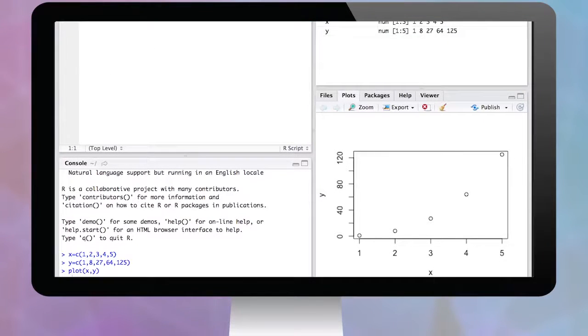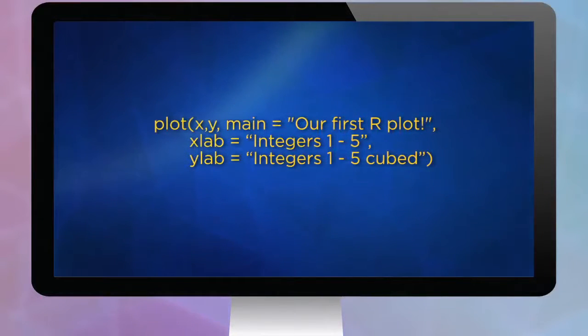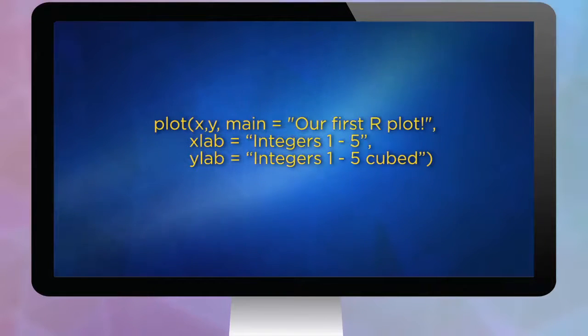Doesn't really tell us much, but we can actually add titles and labels to get a much more visual picture. Go back to that plot(x, y) command, and we're going to add the following to it, a title. We use that with the word main, setting main equal to "our first R plot". That needs to go in quotation marks.